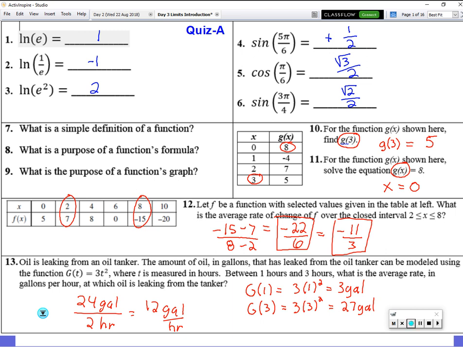If it's a 1/6 or a 1/3, so I didn't do a 1/3 as an example up here, but if it's a 1/6 or a 1/3, it's always going to be 1/2 or root 3 over 2. Always. If it's a 1/4, it's always root 2 over 2. So when I draw the circle, and I count 1/4, 2/4, 3/4.